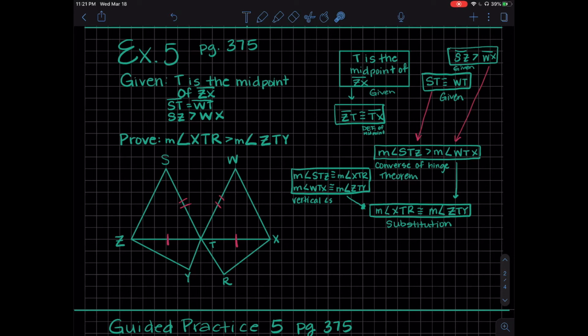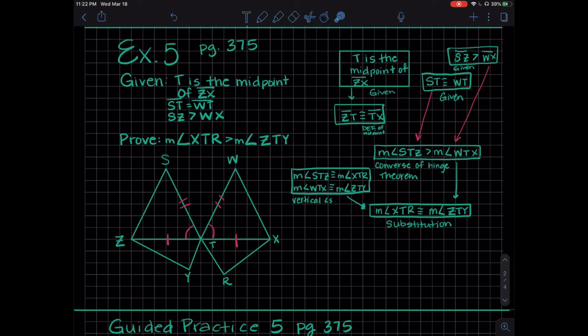Okay, so all this leads us to right here, the measure of angle STZ, so this angle right here, is greater than the measure of WTX. Now those aren't the angles that they wanted us to find. XTR and ZTY.